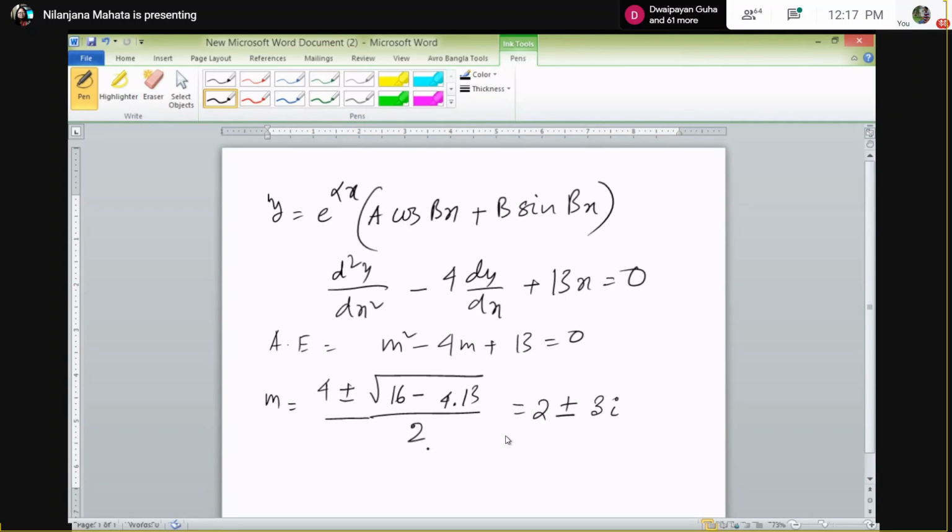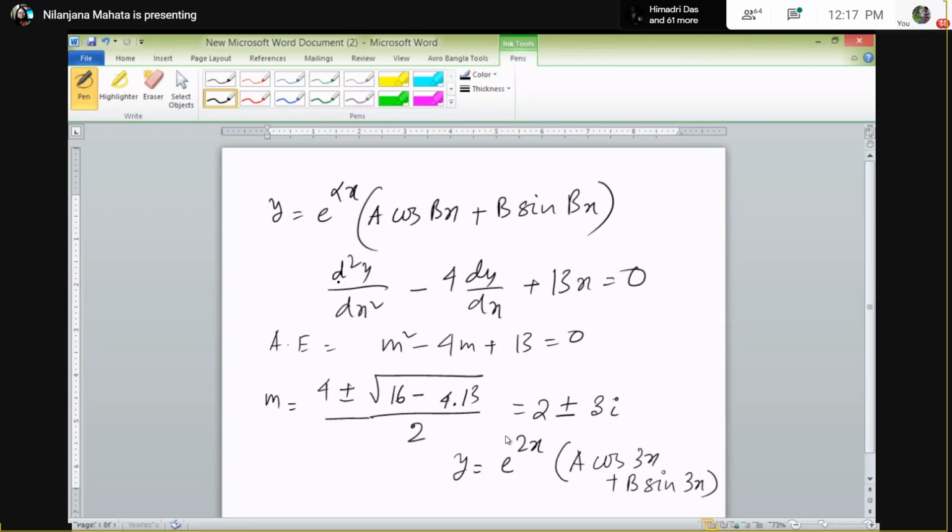So your y will be e to the power alpha x, means e^(2x)(A cos 3x + B sin 3x).